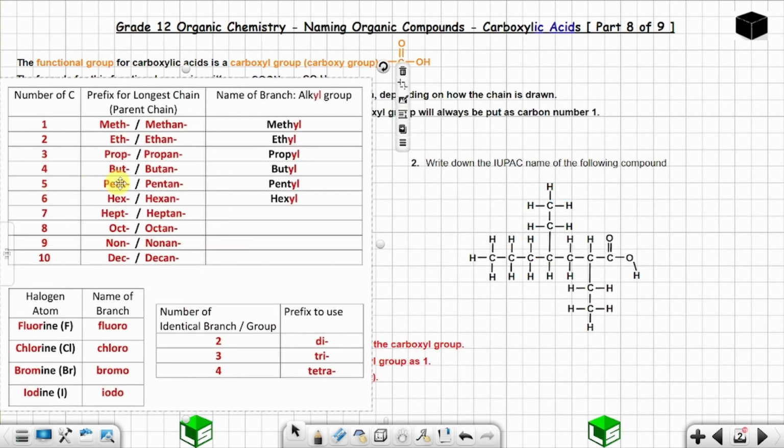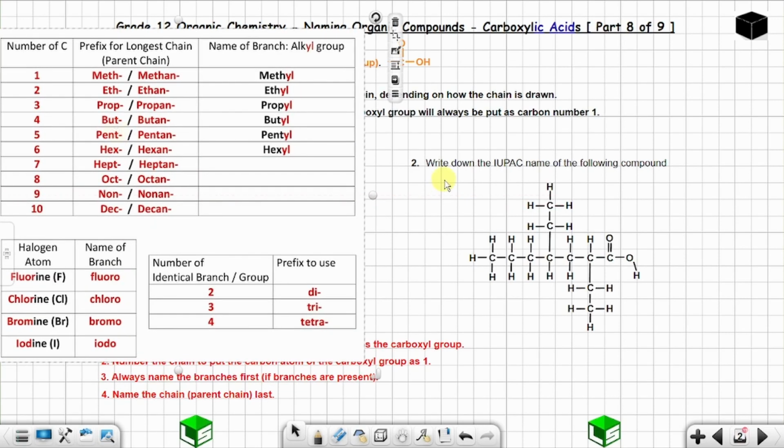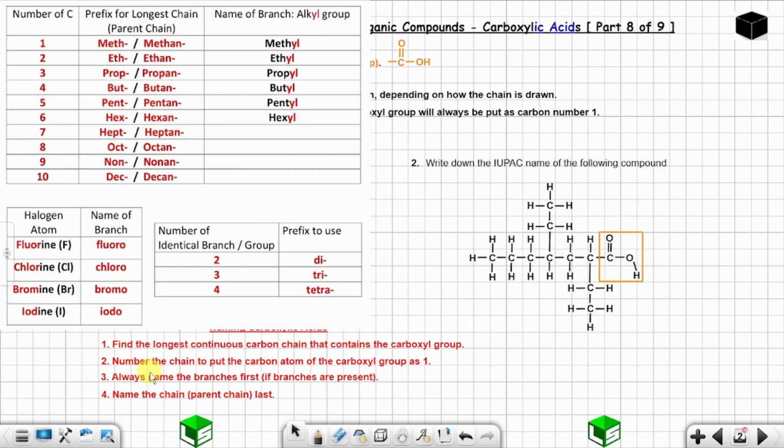Let's move on to example number 2. Write down the IUPAC name of the following compound. This is your carboxyl group, so this is a carboxylic acid. Number the chain to put the carbon atom of the carboxyl group as 1. The chain will be 1, 2, 3, 4, 5, 6, 7.